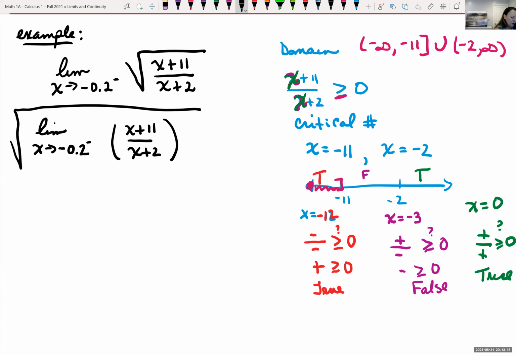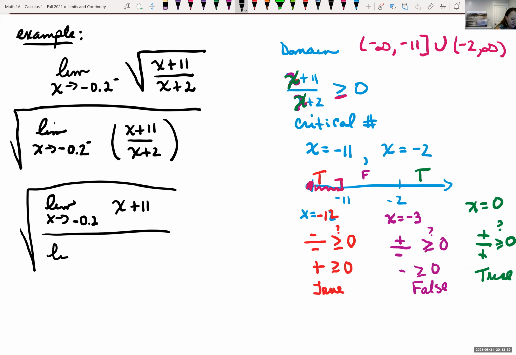Another rule, and normally I wouldn't do this, I would just do direct substitution, says that I could take the limit of my numerator, as x approaches -0.2 of x plus 11, all over the limit of my denominator as we approach -0.2 of x plus 2.